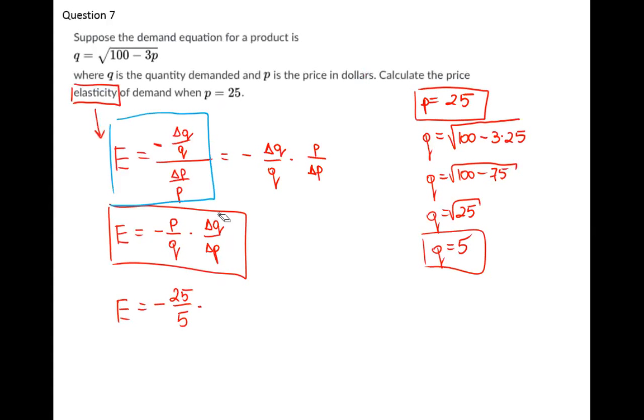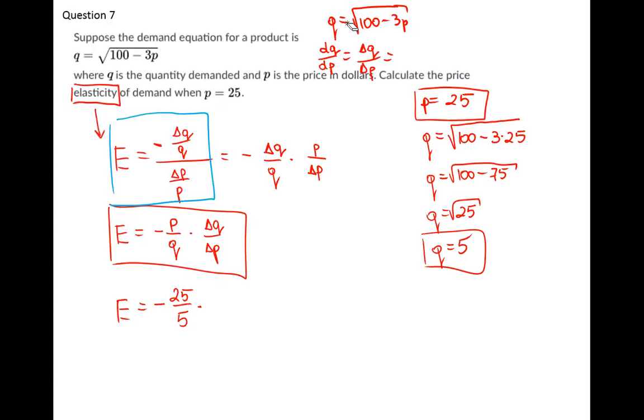But now, delta Q over delta P, we remember, is simply the derivative. Having a function Q defined as the square root of 100 minus 3P, we can compute dQ over dP. That's the same thing on the small interval, delta Q, delta P. Remember, this is just the derivative of the quantity demanded function.